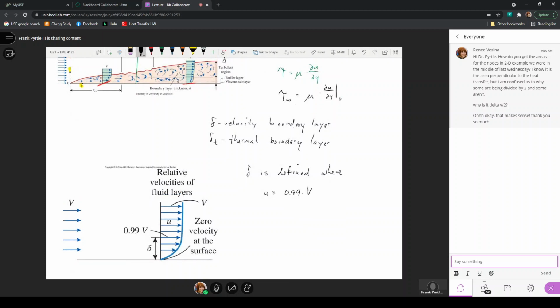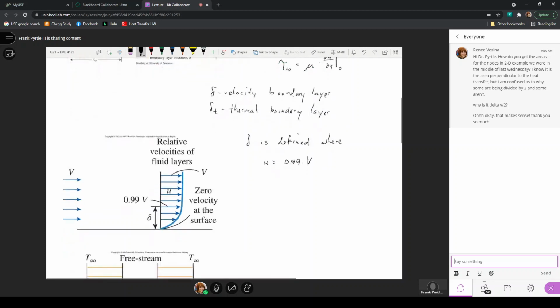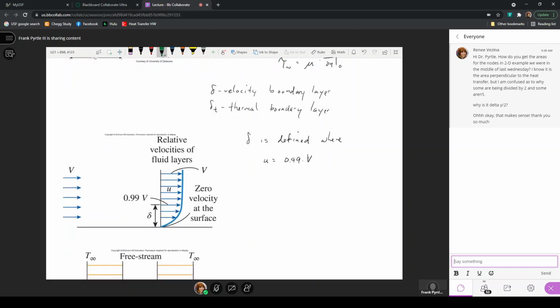If we were measuring or calculating the velocity in the u direction, let's say V is equal to 1 meter per second. Here at y equals 0, this is the y direction, and due to the no-slip condition, the velocity is 0.